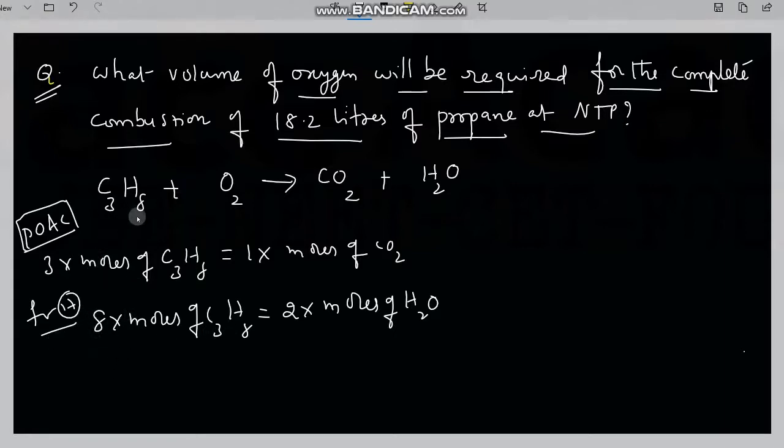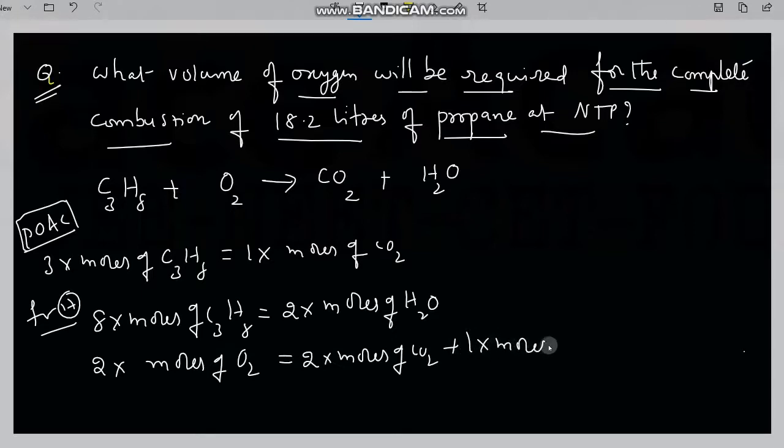Similarly, for oxygen, it will be 2 into moles of O2 equals, oxygen is present in both CO2 and water, so 2 into moles of CO2 plus 1 into moles of water. From the above two informations, we have 3 into moles of C3H8 is 1 into moles of CO2.